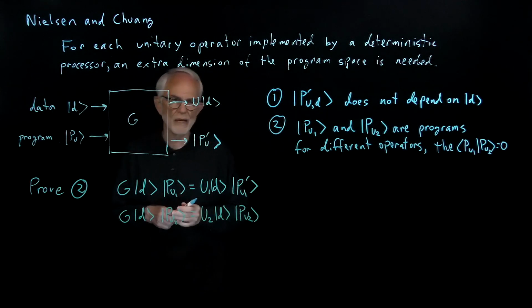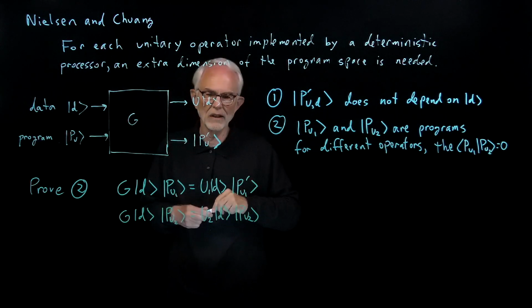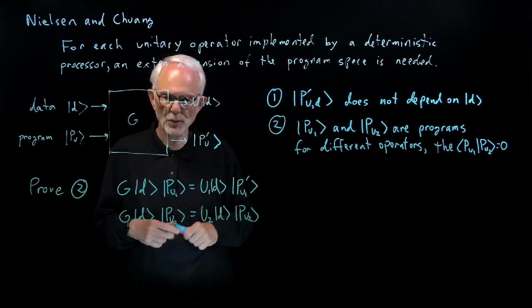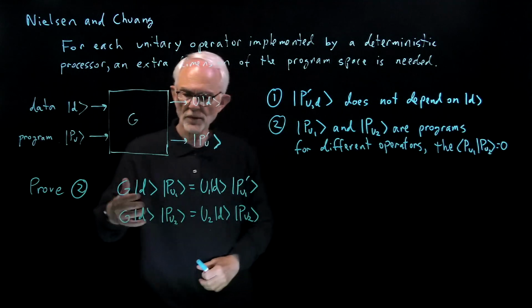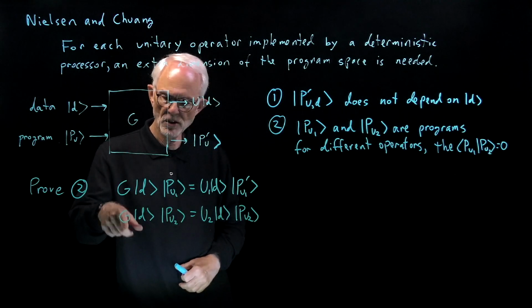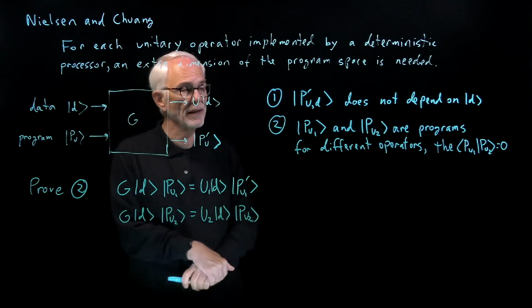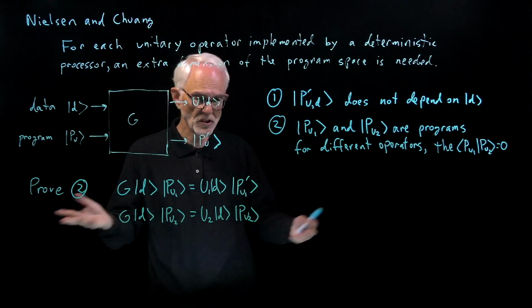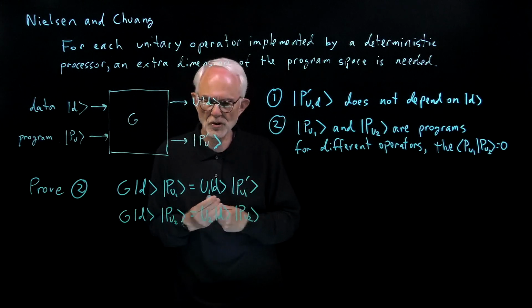And then we're going to do the same thing we did before. We're going to take the inner product of both sides of the equations and see what we get. So as before, with the left-hand side, when I take the G's, I'm going to get a G dagger G, and that's again just going to be 1. The D's are the same state, so that will also just give me a 1.